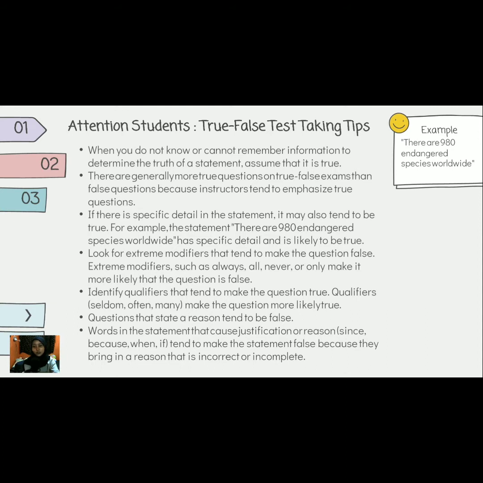Qualifiers, seldom or often, many, make the question more likely true. Questions that state a reason tend to be false. Words in the statement that signal justification or reasons, like since, because, when, if, tend to make the statement false because they bring in a reason that is incorrect or incomplete.